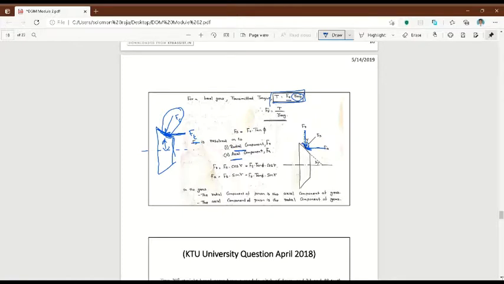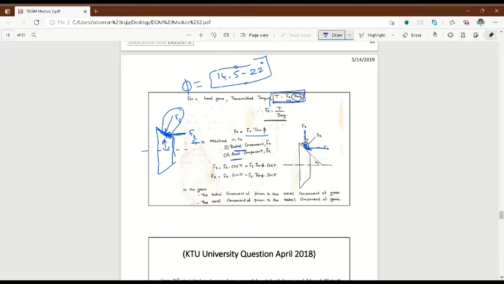Also, Fs equals Ft tan phi. Phi means pressure angle. Generally, the pressure angle will be between 14.5 to 22 degrees, and they will give that in the question.